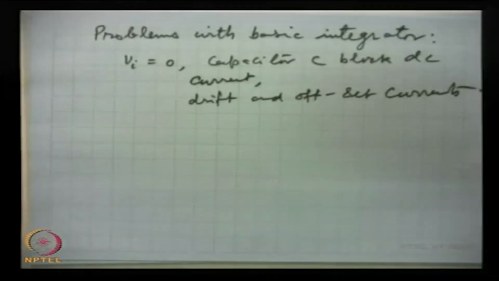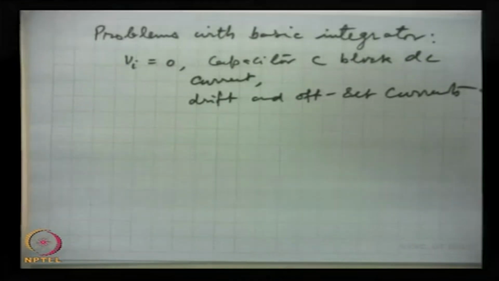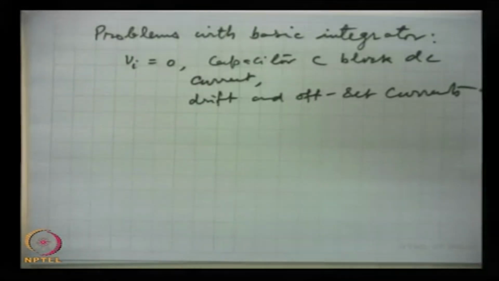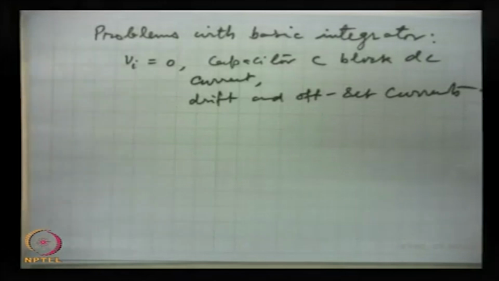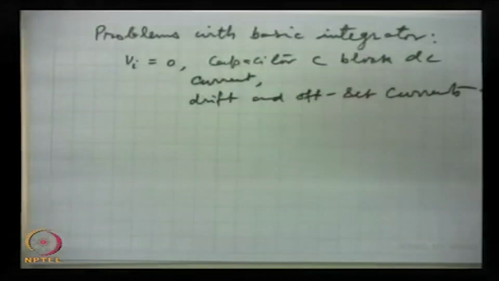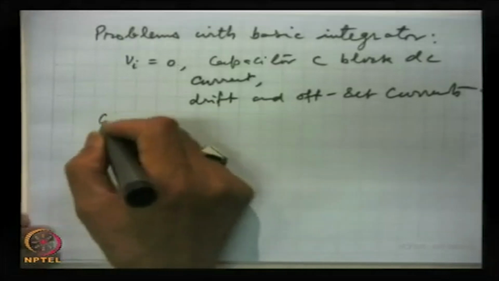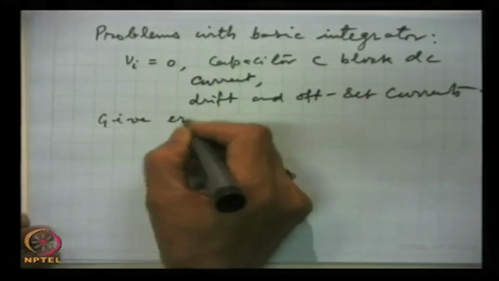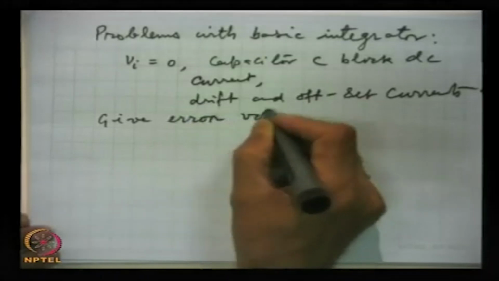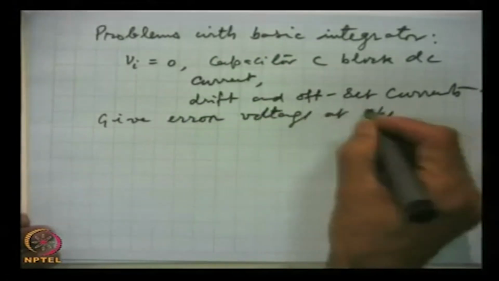When input voltage is 0, the output voltage should be 0, but it will be finite because of the charging of the capacitor, and then that voltage is amplified by the circuit, and gives an error voltage at the output.